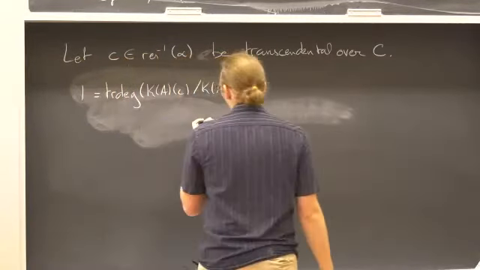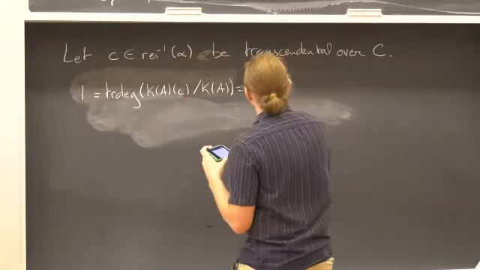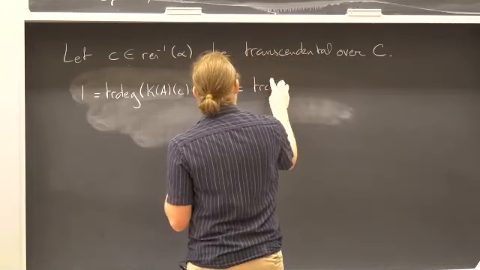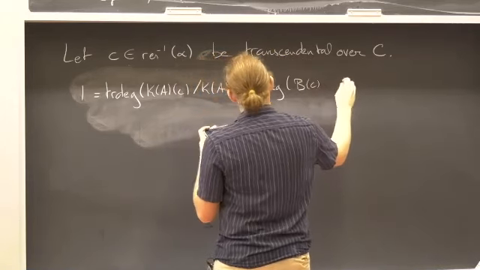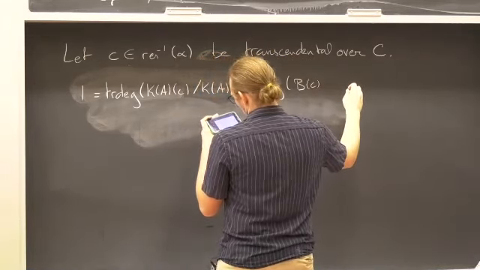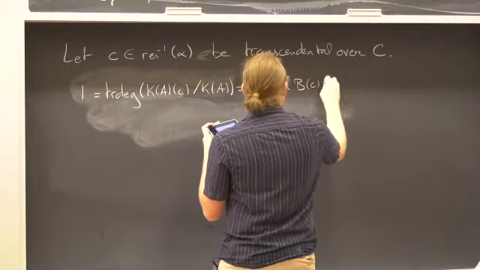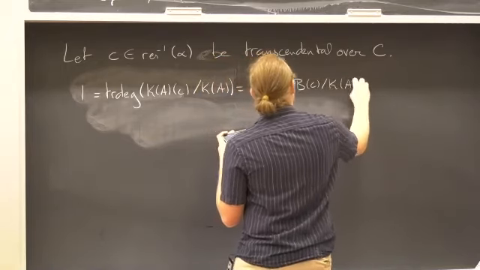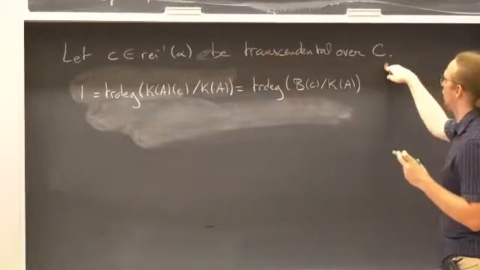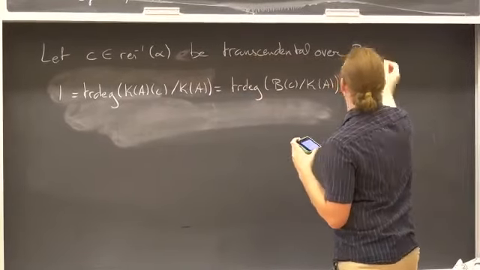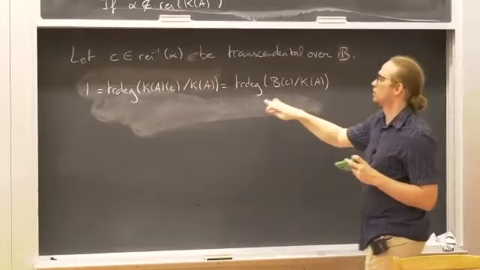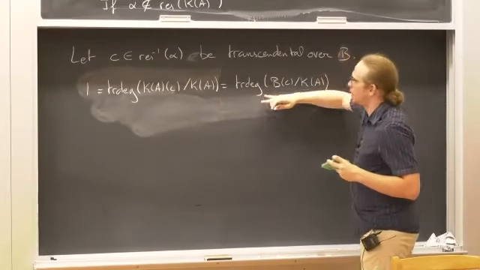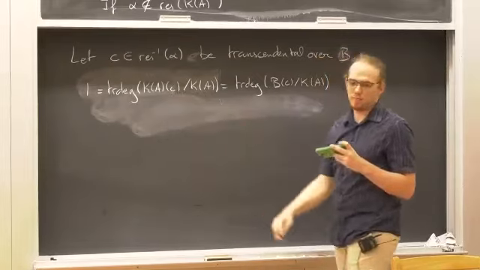And it's equal to the transcendence degree of BC over Ka, which is also 1, because I took it, sorry, I forgot. It's called B now. I took it transcendental over B. So this is one and this is one because it's a subfield.